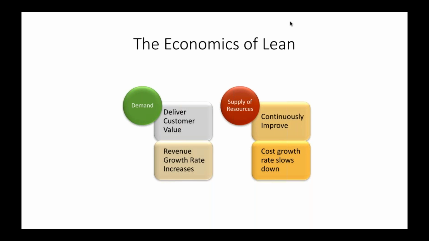What you end up with is your revenue maybe used to grow at 5%, and now your revenue is growing at 15 or 20% a year, and your costs might be growing at 3 to 5% a year. So if your revenue is growing at 15% a year, your costs are growing at 5% a year, you're going to make more money over time. And that, in a very simple way, that's the economics of lean.